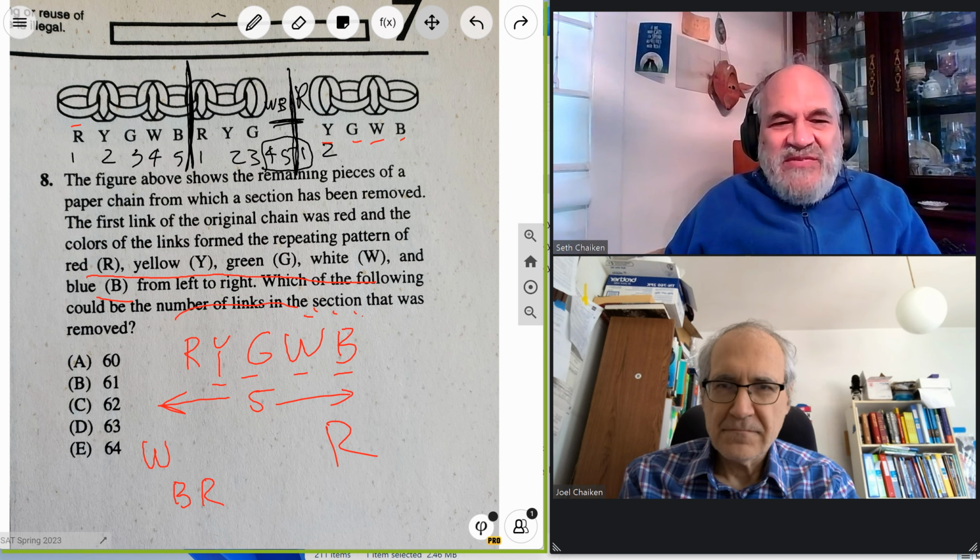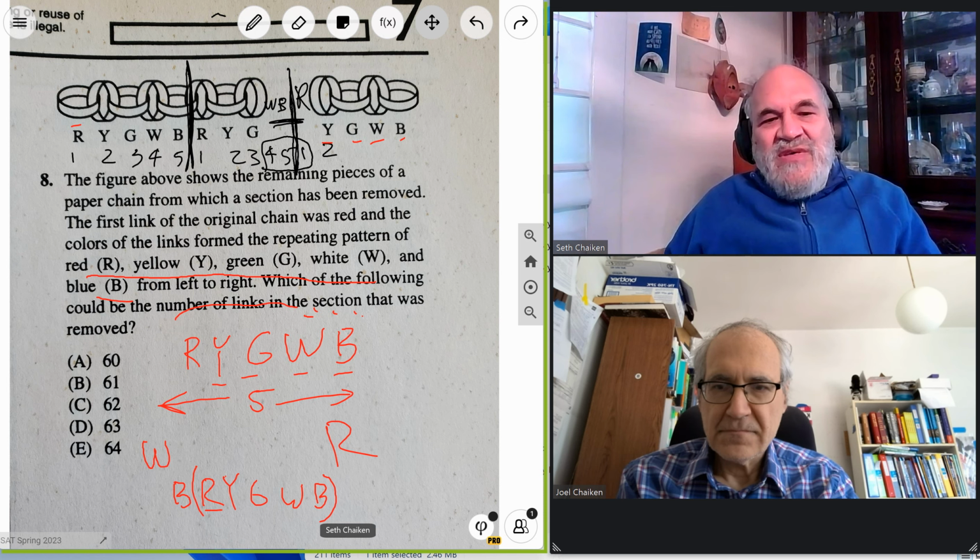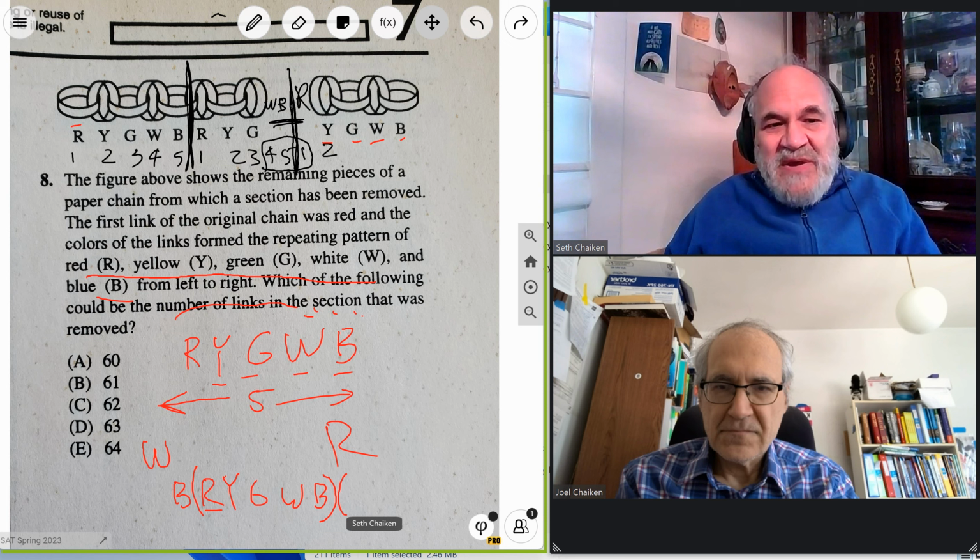So what happens next? Here's the R. So after the R, there's a Y, G, W, B. And after a B, there's an R. So I put parentheses around this section, because this section might be repeated.